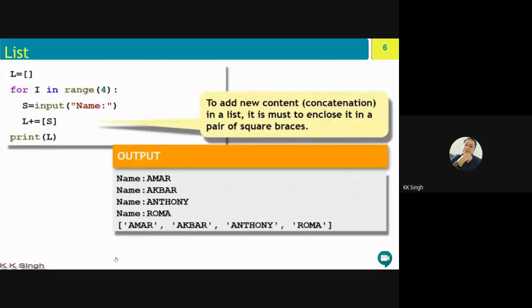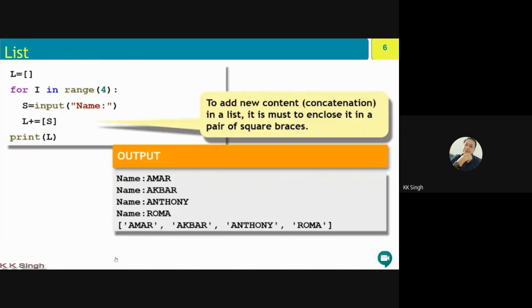Now next, as we observed, while taking input for the tuple, it showed an error because we did not put a comma at the end of the input statement, since that was a tuple. But over here, you don't require any such symbol, and the list can take the values as input.